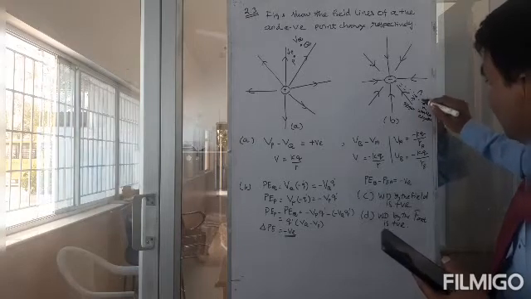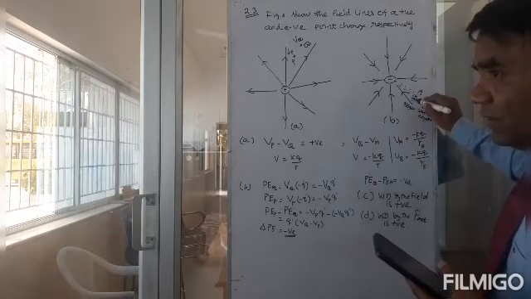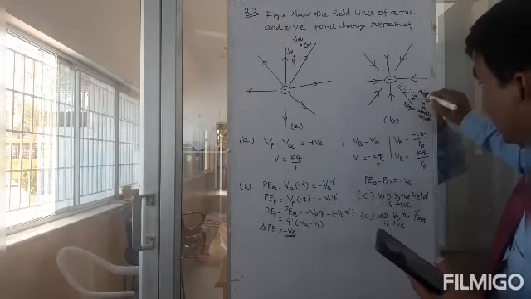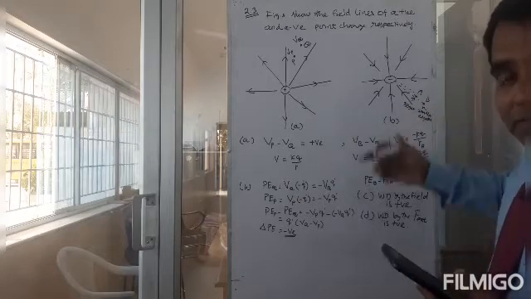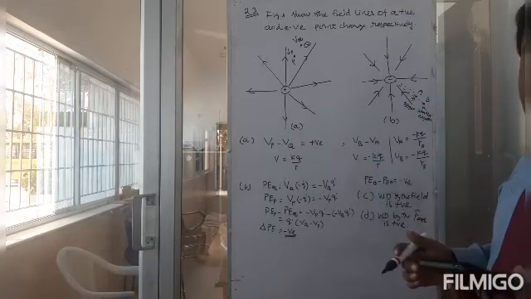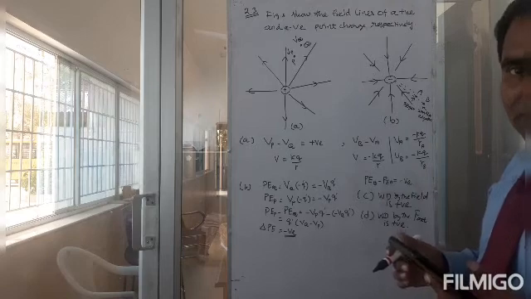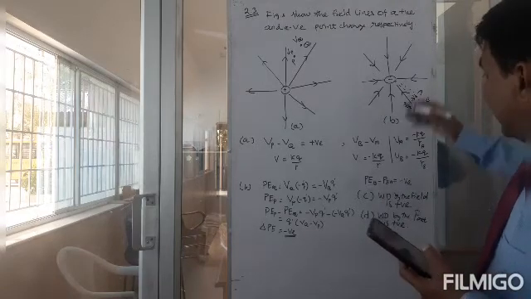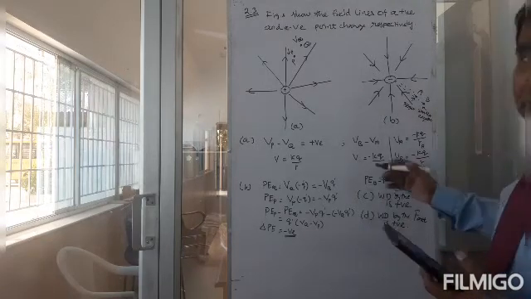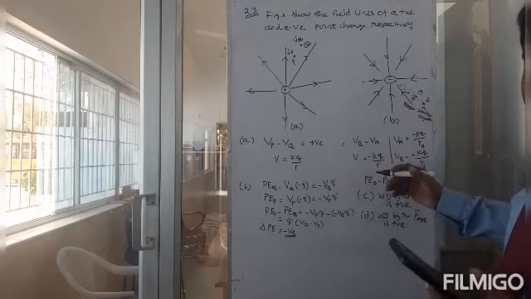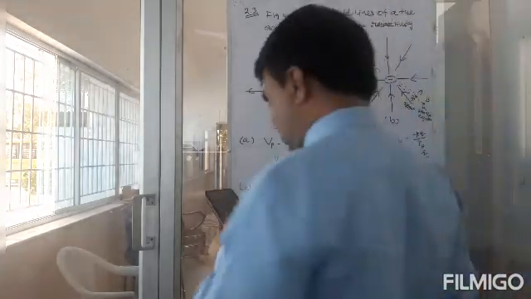So when it goes from B to A, by the time it reaches A from B, the speed would have decreased. Okay? So the kinetic energy will decrease. That's the answer for that question.